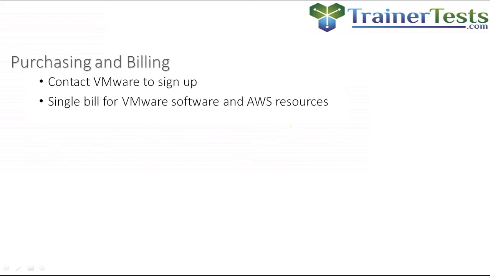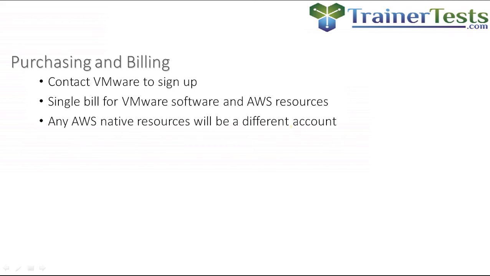You will get a single bill for the VMware software and the AWS resources required to run it. Now, this is a bill for your VMware Cloud on AWS account. You can still have an AWS account with AWS native resources and features. That's a completely separate account.